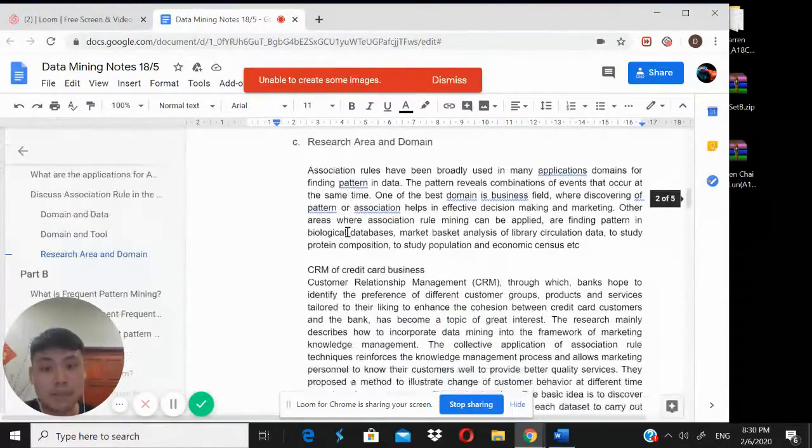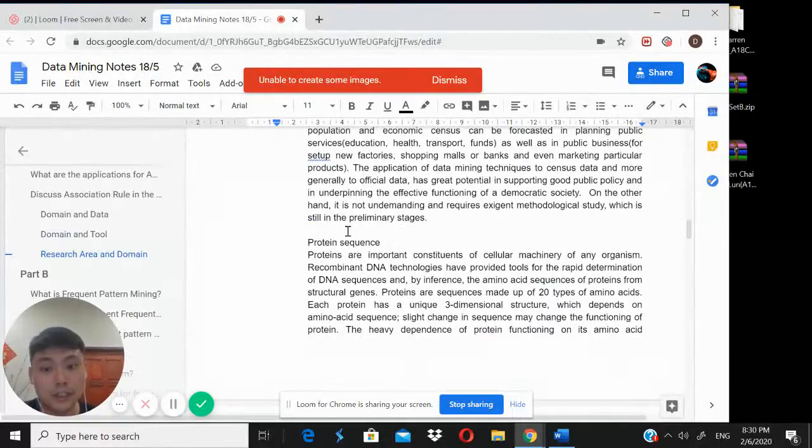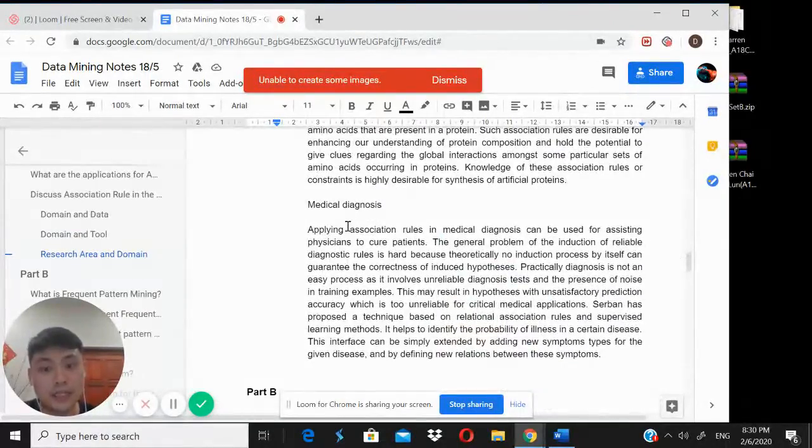So one of the examples of when association rule is applied is in medical diagnosis. Usually in the medical field, they need to compare a lot of medicines and sicknesses and also the contents of the medicine. So it is widely used in medical diagnosis.